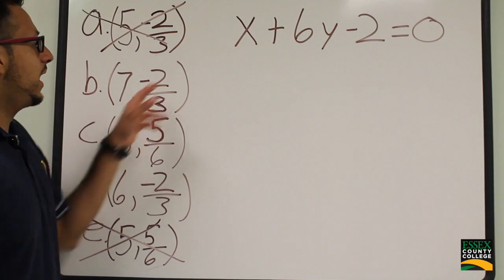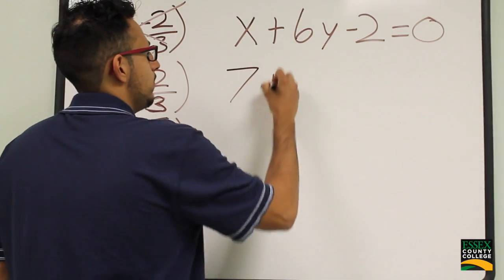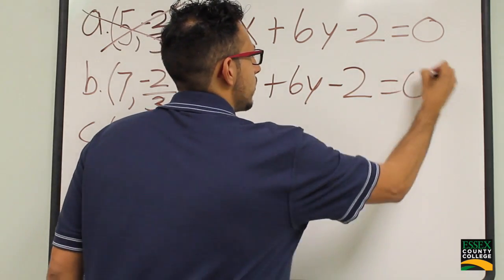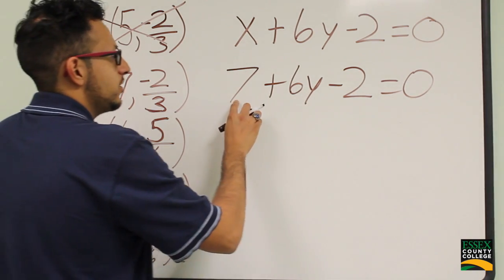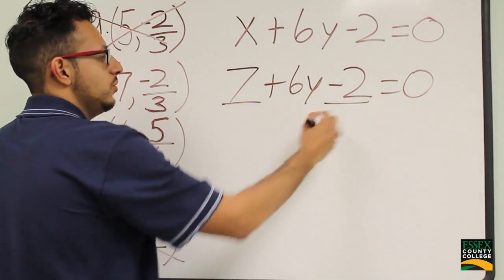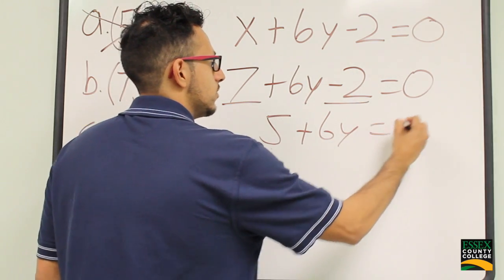Now we're going to plug in x as 7 and solve for y. So this becomes 7 plus 6y minus 2 is equal to 0. Now let's solve for y. We collect like terms. 7 minus 2 is 5. Plus 6y is equal to 0.